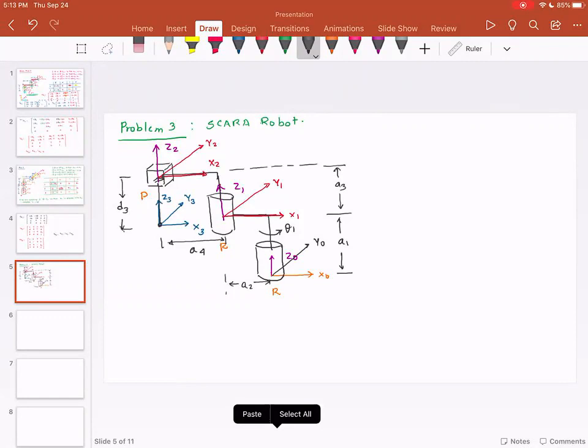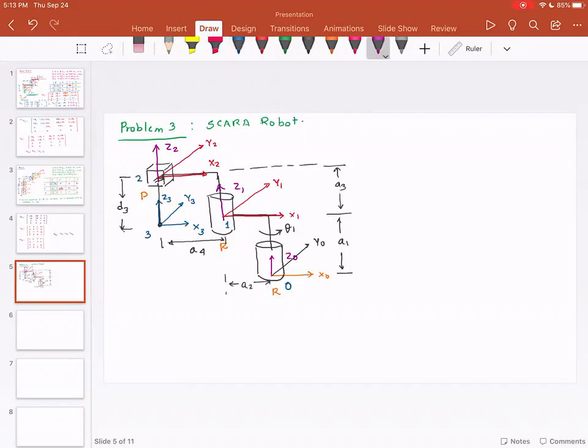So this is how the setup is. Please note, this is the 0th frame, this is the first frame, this is the second frame, this is the third frame.